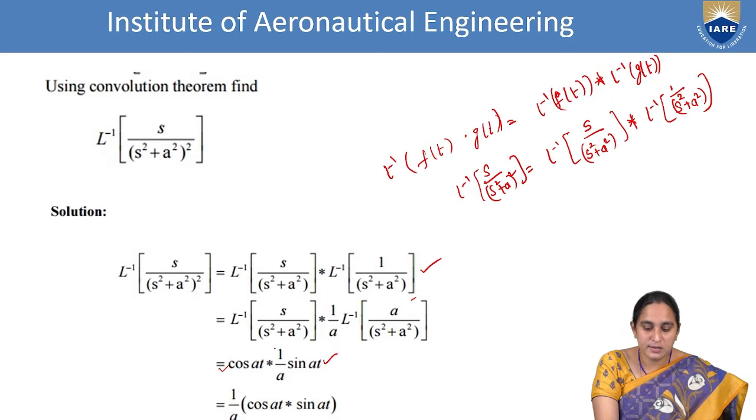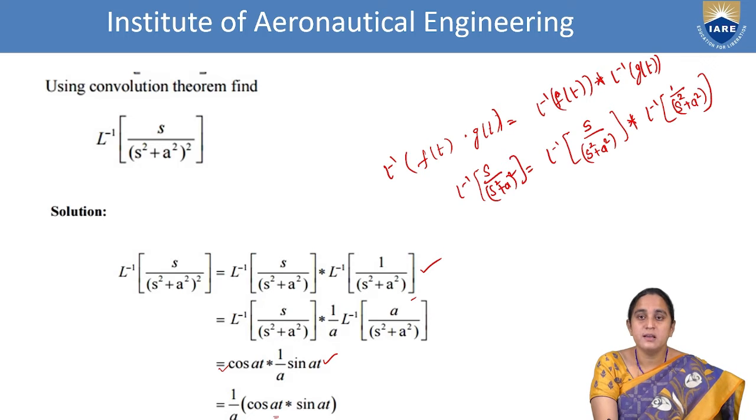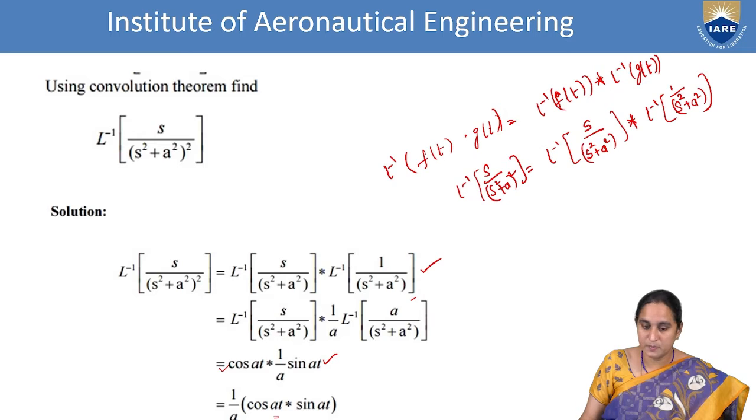Therefore, I'll take 1 by a outside and the remaining part is cos at star sin at. By using the convolution theorem definition, up to now we got 1 by a into cos at star sin at. Next step.